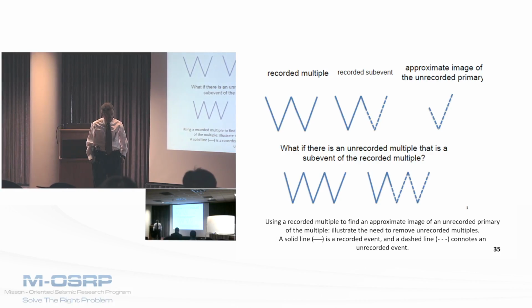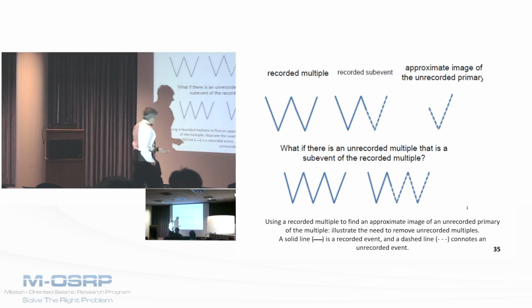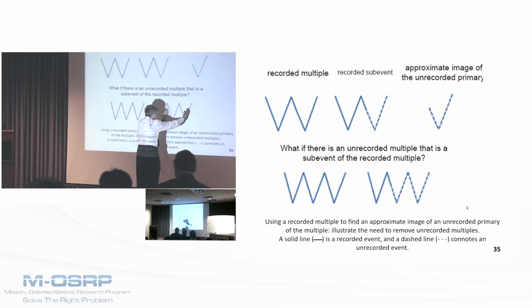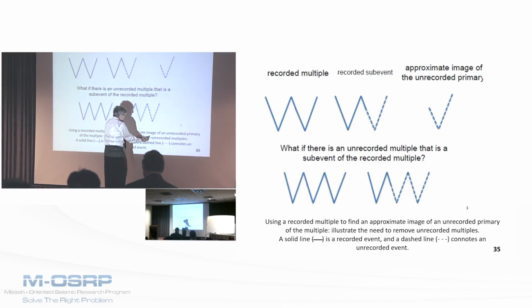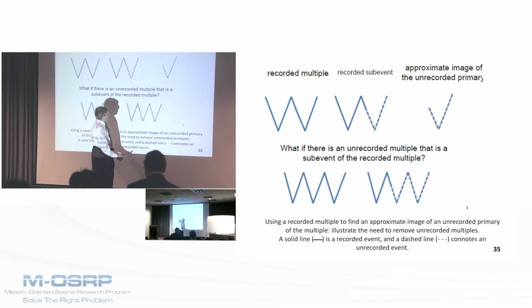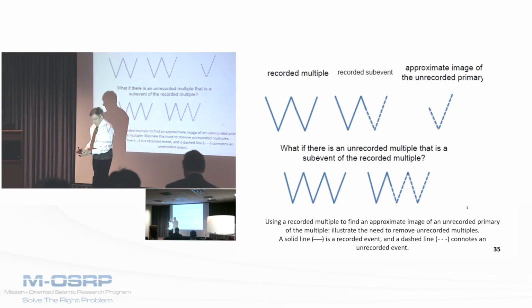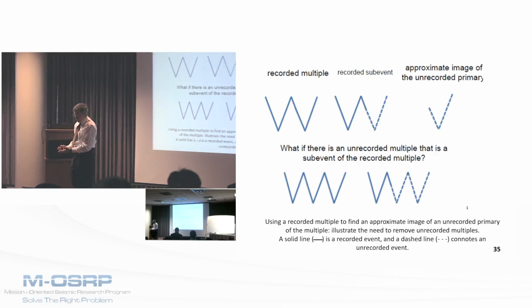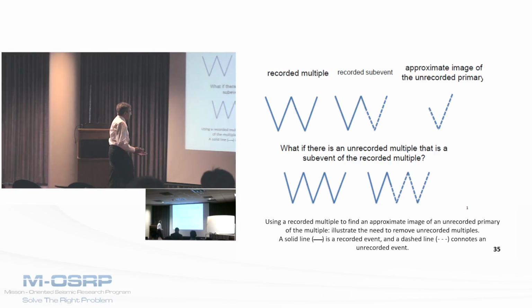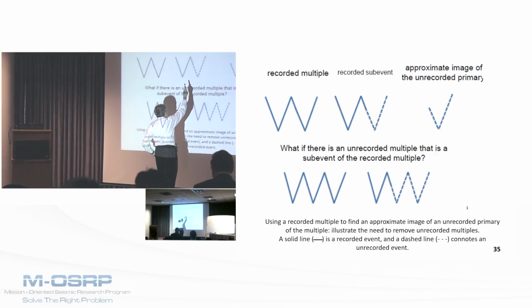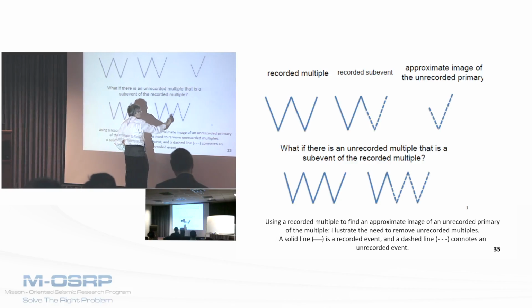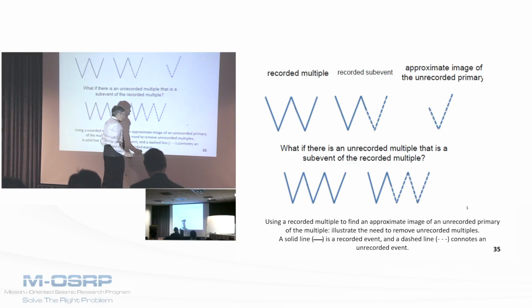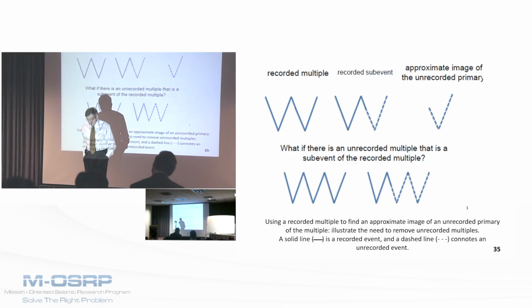Not a primary. Then this will give you an artifact. You will treat this, go back, go forward, you're going to get an image here that's false. So just as with recorded primaries, we need to remove recorded multiples. To go after unrecorded primaries, you need to go and remove unrecorded multiples.